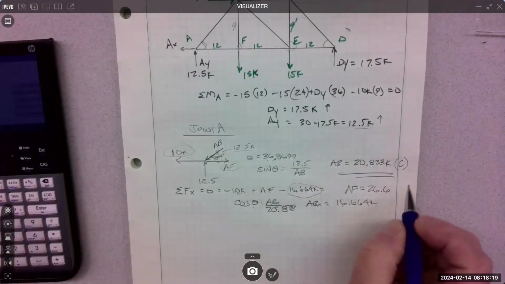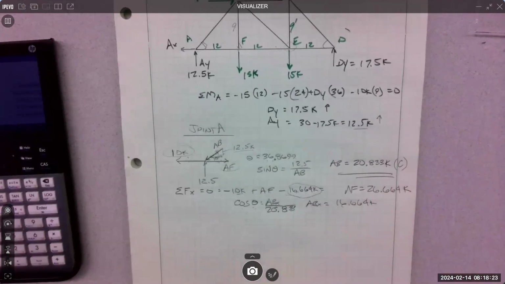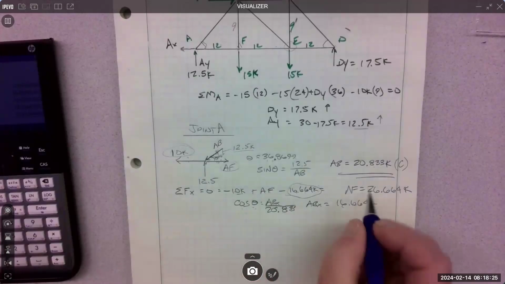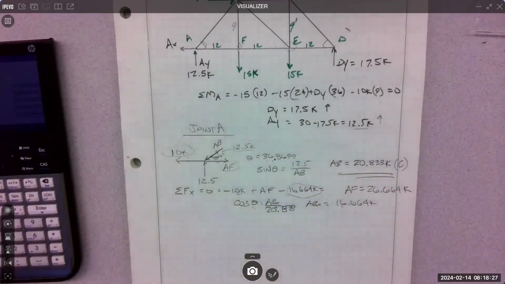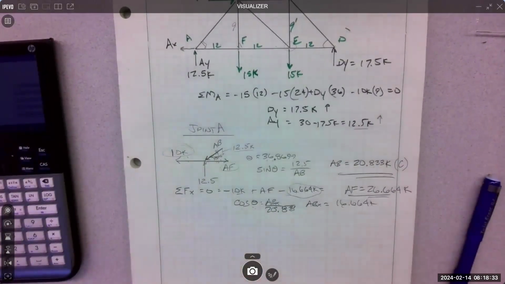What does the book get? Huh? What number are we talking about? AF. I think it's the same number right here. This is problem 5.3.